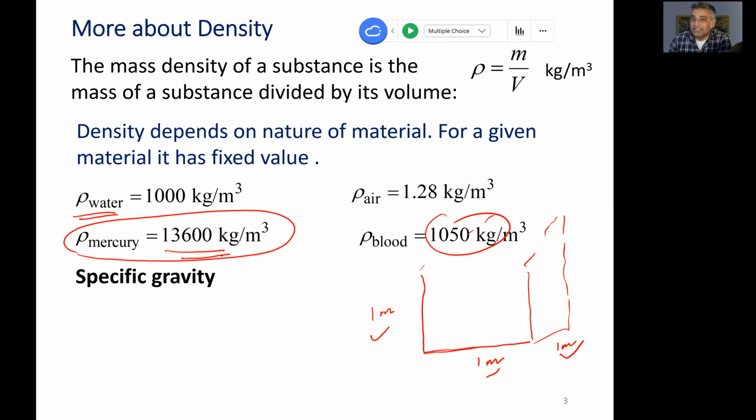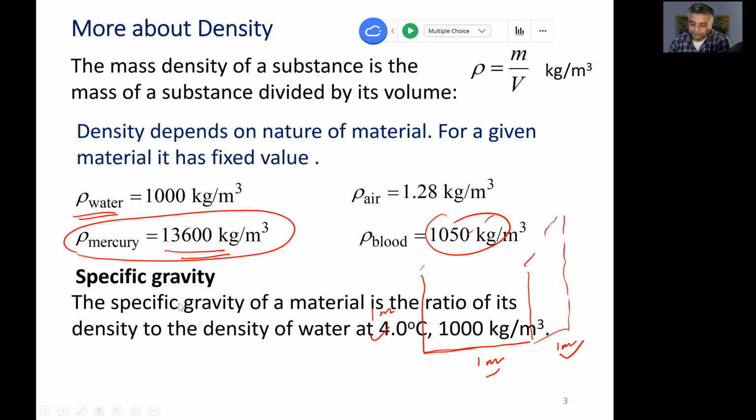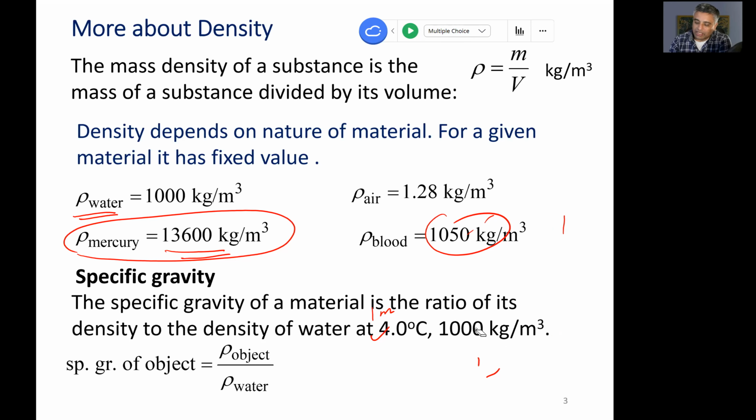So density may also be given in terms of specific gravity. Although the name is specific gravity, it has nothing to do with gravity, okay? So if we divide the density of anything by the density of water, which is 1,000 kilograms per cubic meter, we call that specific gravity.